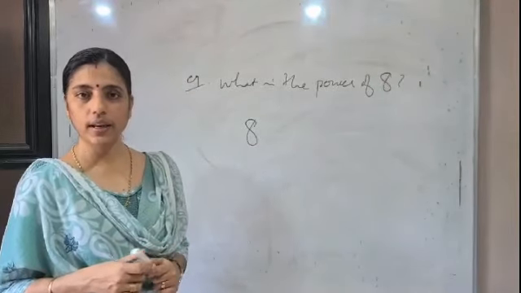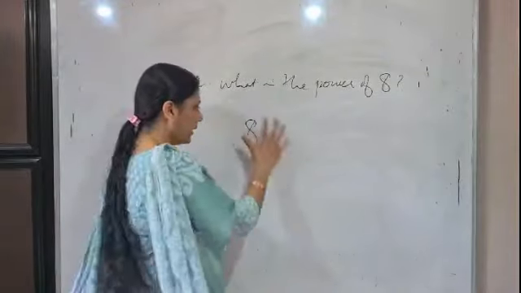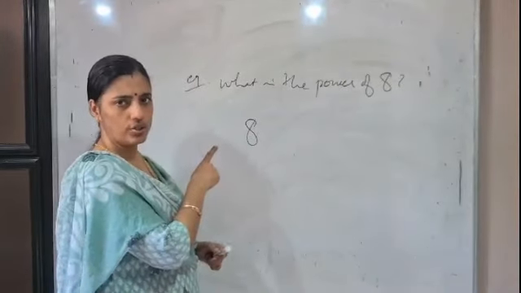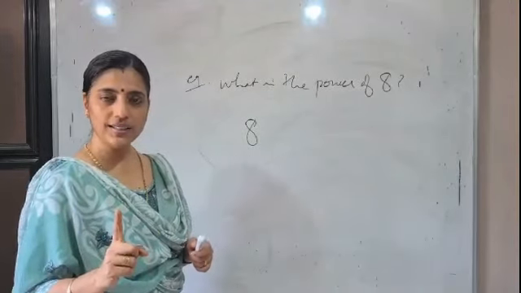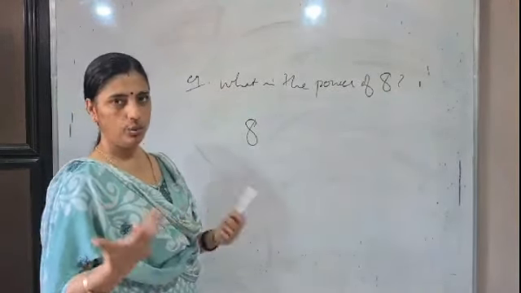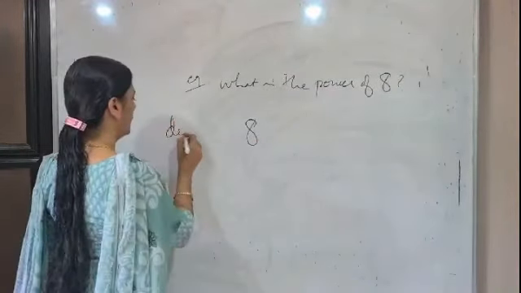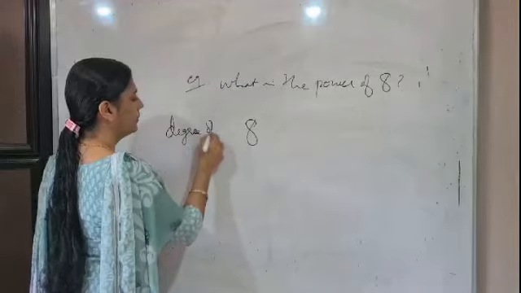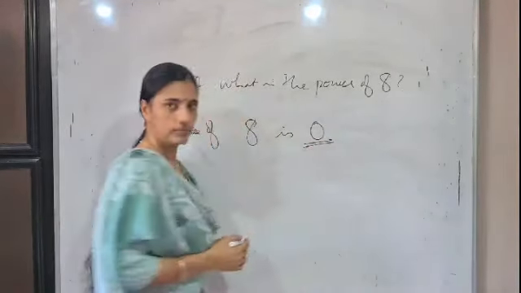How will we decide the degree? The degree of the variable is called the degree. Here is there any variable? No, this is a constant. If a variable is there, then only we will count its power as 1, 2, whatever it is. Here there is no variable. So the degree of 8 is 0. Got it?